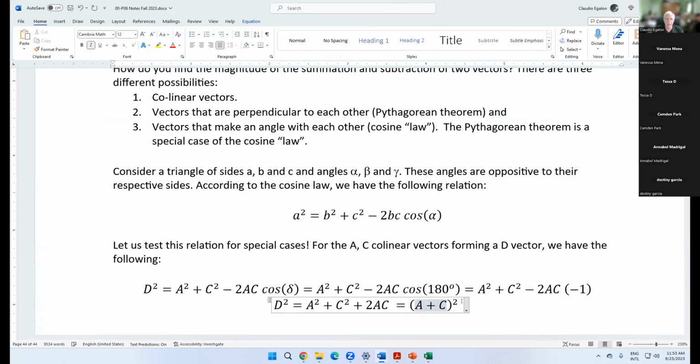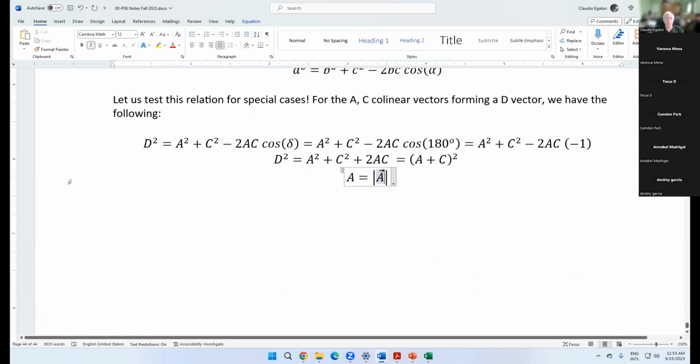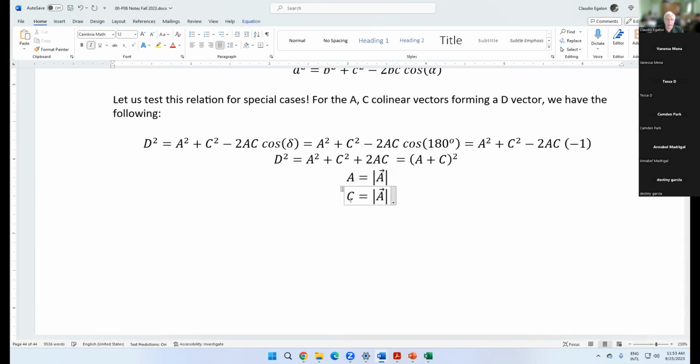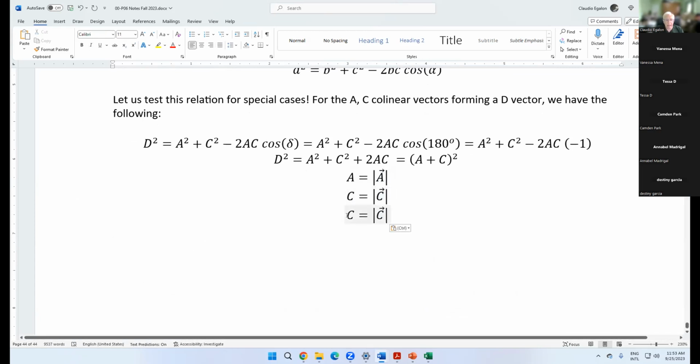A plus C, okay? In this case, I made the letter A equal to the magnitude of the A vector, the letter C equal to the magnitude of the C vector, and the letter D equal to the magnitude of the D vector.